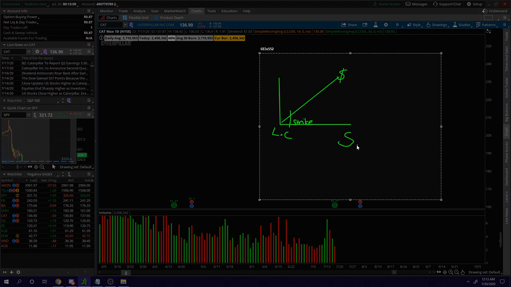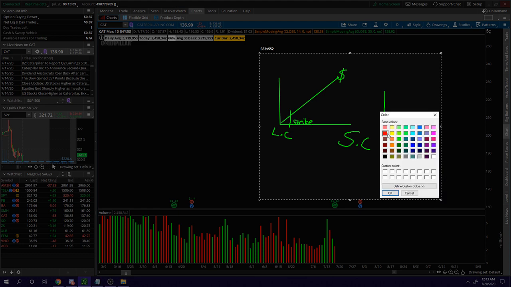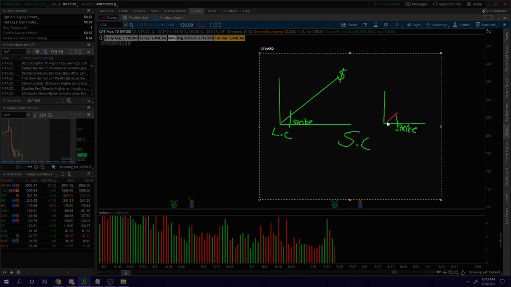When you are short that call, let me make sure this makes sense. When you are selling the call, you need it to expire worthless. So if your strike is right here, you make your money when it goes further away from the strike. That makes sense. So you are short that direction.